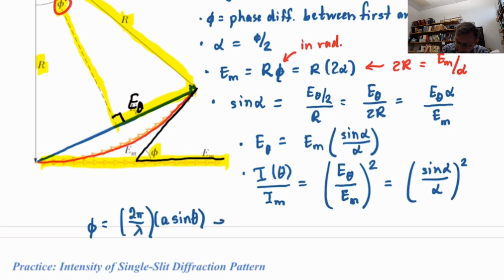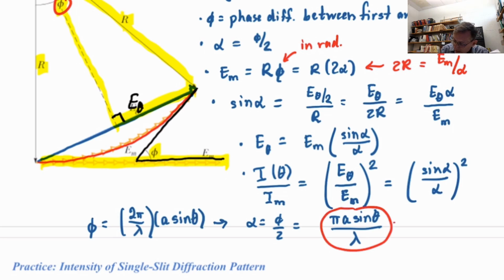So if that's phi, then alpha, which is phi over 2, is pi A sine theta over lambda. And that's what we use for alpha, and that goes there inside that sine. Okay, alpha is an angle in radians.